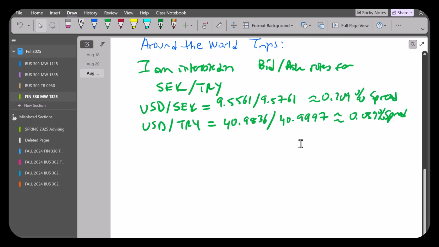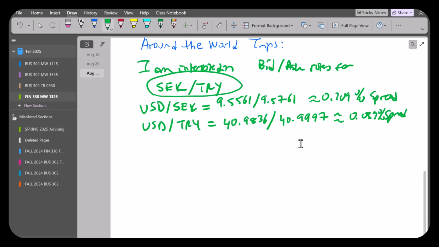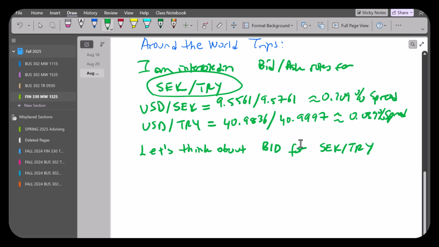But I'm interested in this. So, how would I construct it? Let's think about bid. So, I want to tell the price at which I'm willing to buy 1 Swedish kroner in terms of Turkish lira.